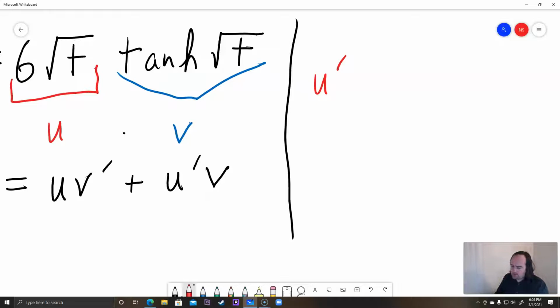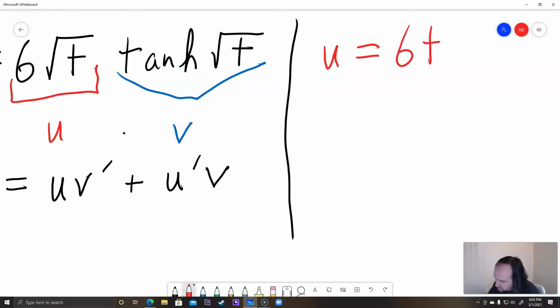Well, remember, the square root of t is the same as t to the 1/2 power. So actually, I can write that here. So u is going to equal 6 times t to the 1/2 power. And then u prime is going to be the derivative of that. So we're going to go ahead and use the power rule. So we bring the 1/2 out front, and we decrease the exponent by 1.